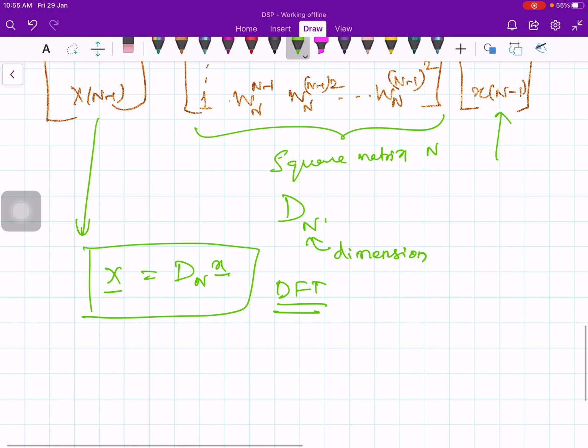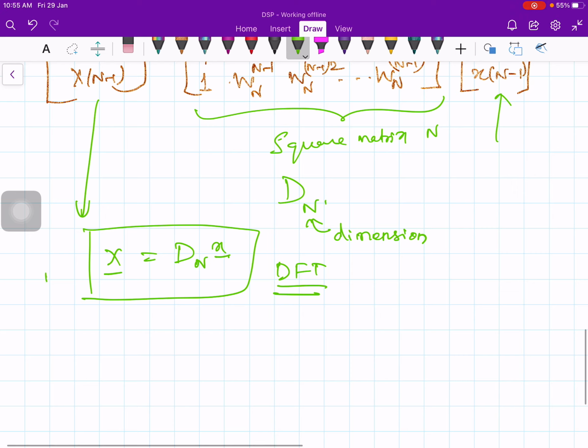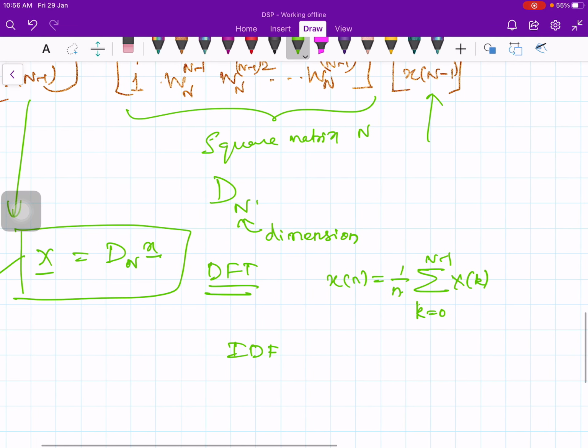And it is obvious that while the direct DFT can be written in the matrix form, similarly the inverse DFT can too. If you look at the formula, what is the inverse DFT? x of n is equal to 1 over n, summation of k equal to 0 to capital N minus 1, X of k, Wn to the power kn, and here minus kn.